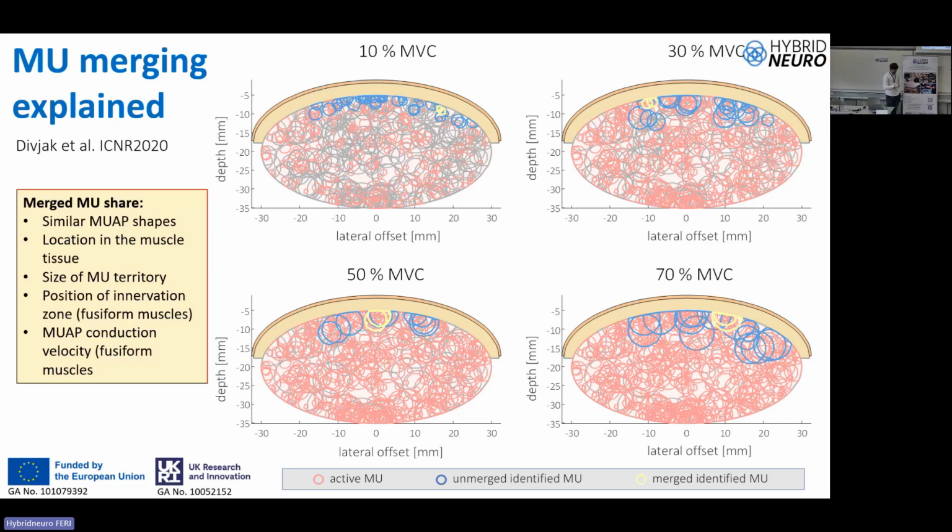They have approximately the same motor unit territory, share the position of innervation zone, and so on. What we see here is for muscles with a lot of motor units, and the yellow ones are circled as identified merged motor units.